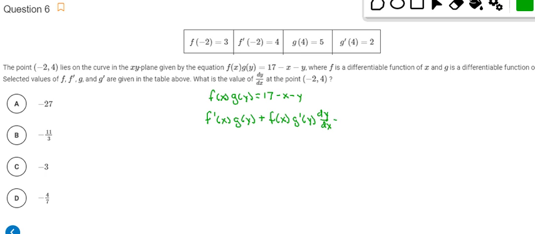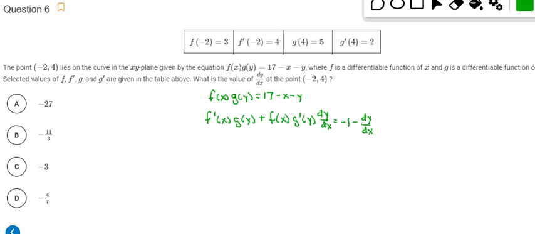dy dx. And that's going to equal, again, derivative of a constant is 0. So we've got negative derivative of that x is 1. And then we got minus derivative of that y is dy dx. Now at this point, I want to go ahead and start doing some substitution. So f prime, we're looking at the point negative 2, 4.